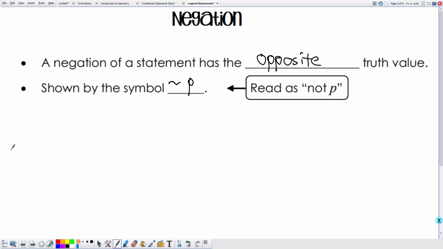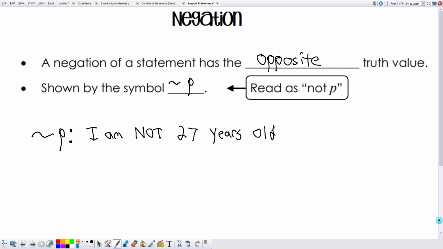So for example, in the last slide, I had a statement P that said, I am 28 years old. So the statement not P, the negation of that statement, would be the statement I am not 28 years old. Sorry, it should be 28.